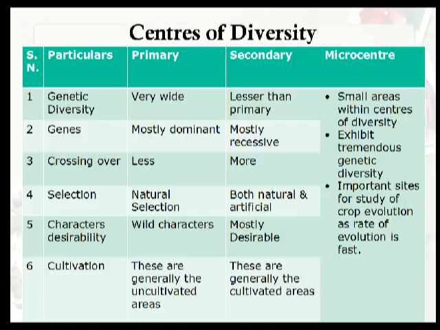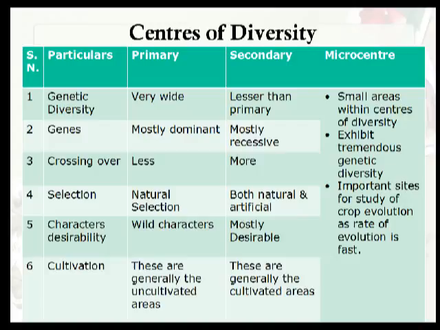So all these are again very self-explanatory. Genetic diversity, of course, will be very high in primary. Secondary, it will be less than primary. Genes will be mostly dominant because I told you it was related with wild relatives, wild varieties. So mostly dominant. Crossing over will be less. Selection will be mostly natural selection because in wild varieties and in their natural habitat, mostly it will be natural selection.